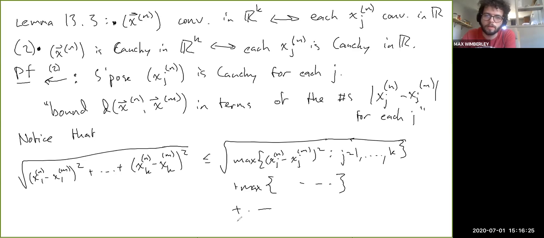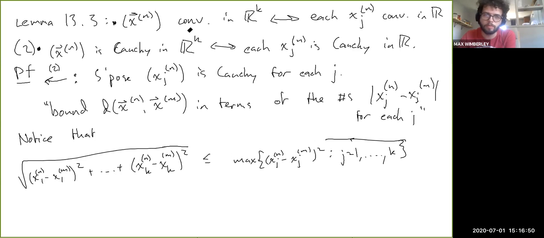Plus, so if we just replace each of these terms by the maximum of all of the terms, then the expression has to get bigger. But when we do that, you just end up with k times the maximum inside. I'm just replacing each term here with a copy of the maximum of all of the terms. I'm going to erase these because it's too much writing.